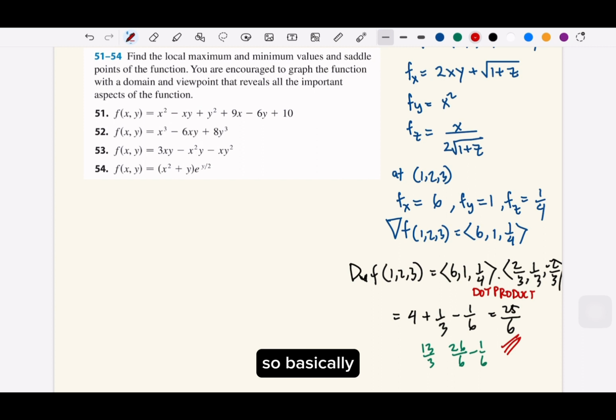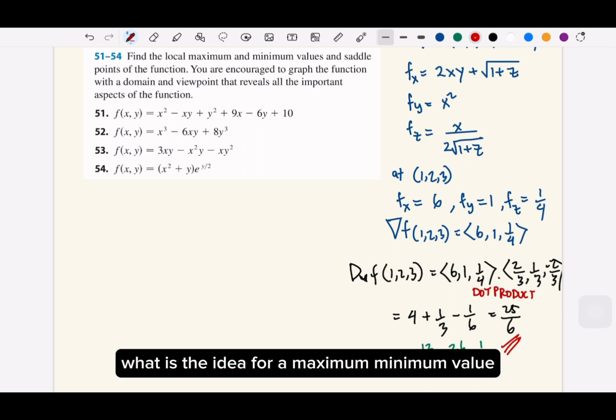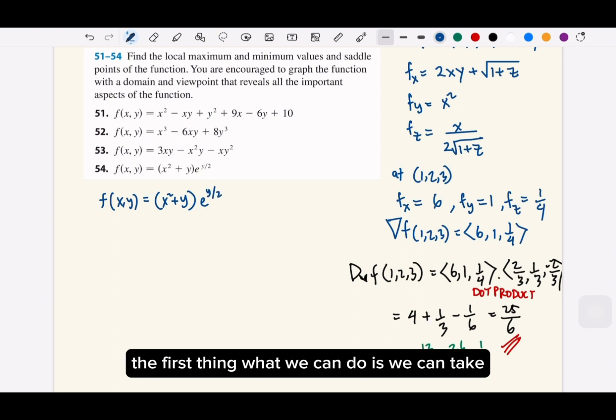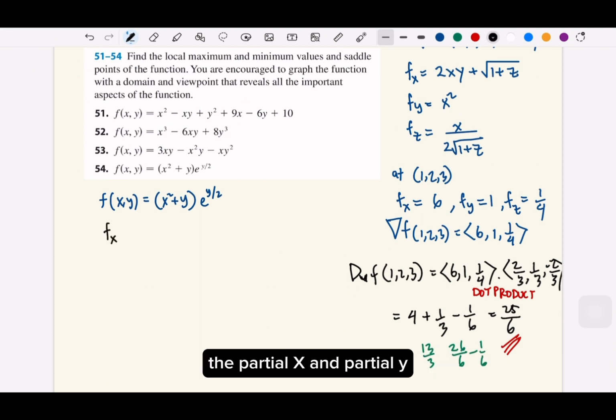So basically, what is the idea for the maximum minimum value? We can start by, let me write again the function here. So 54. The first thing we can do is take the partial x and partial y.